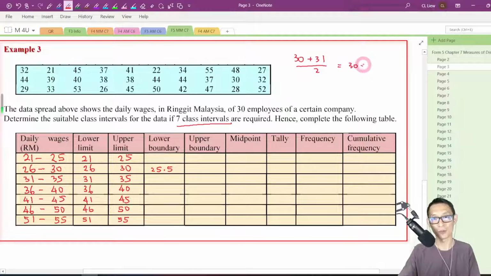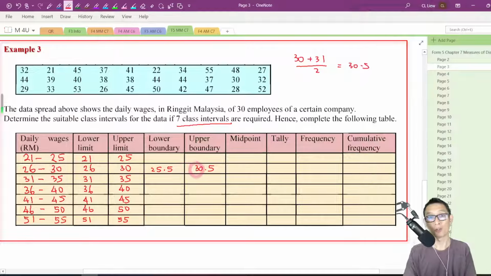You will get 30.5. Still remember what I told you just now. To determine the size of the class interval, we can use upper boundary minus lower boundary, right? The majority of books will teach it this way. So you take 30.5 minus 25.5, you will get 5. The size of the class interval here is 5.